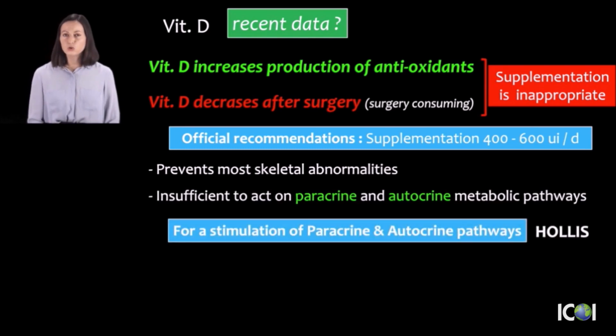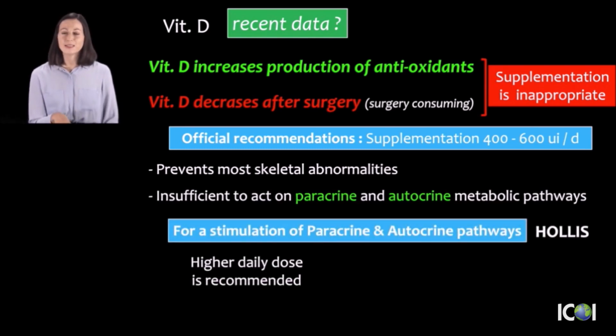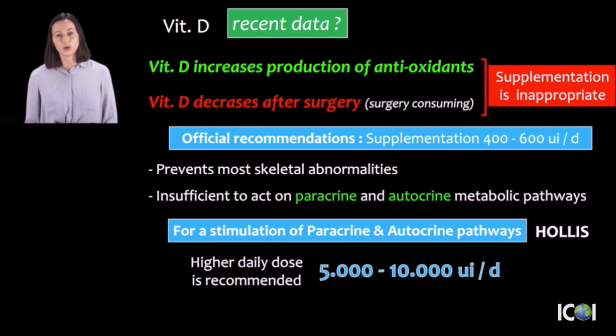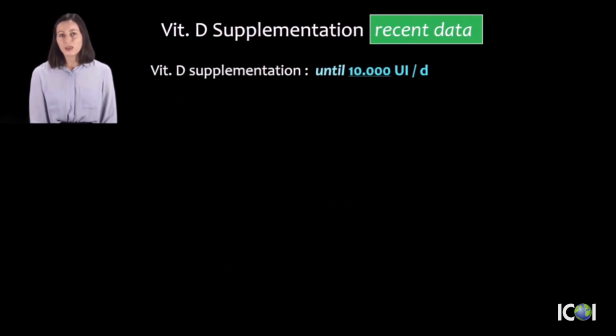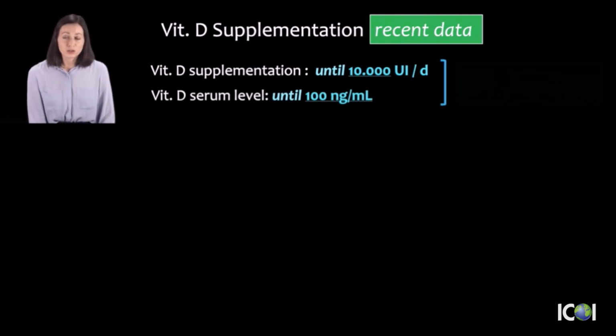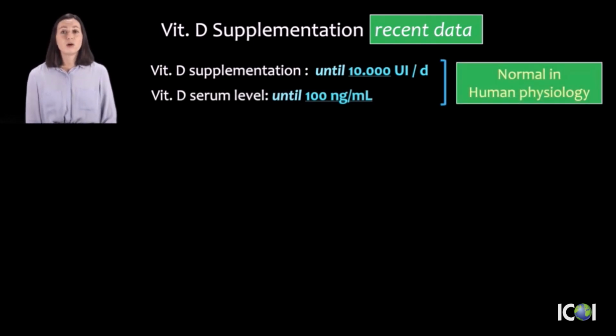If we want to properly activate them and stimulate the paracrine and autocrine pathway, we have to give a higher dose to the patient, 10 to 20 times more than the official recommendation. We can take vitamin D up to 10,000 units a day and have a serum level up to 100 nanograms per milliliter.